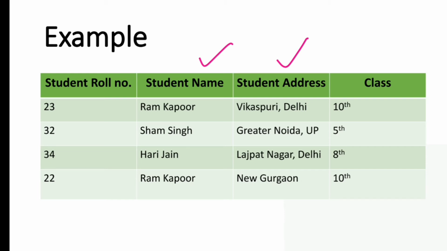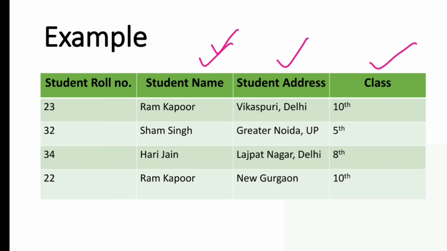Now what about the student class and student name? No, it can't be a candidate key because there is a possibility that two or more than two students with the same name are studying in the same class.